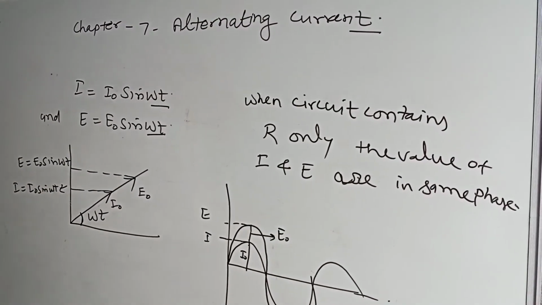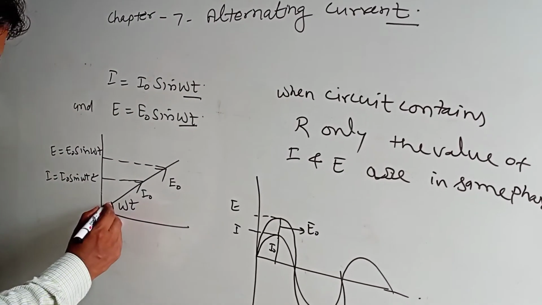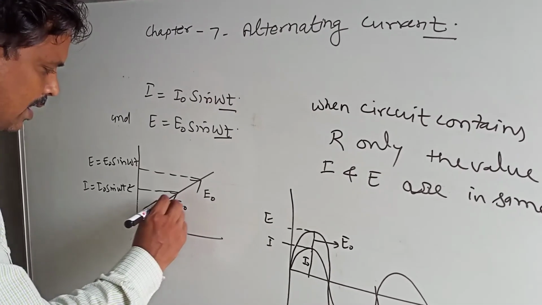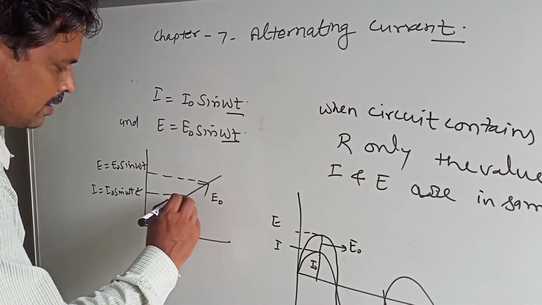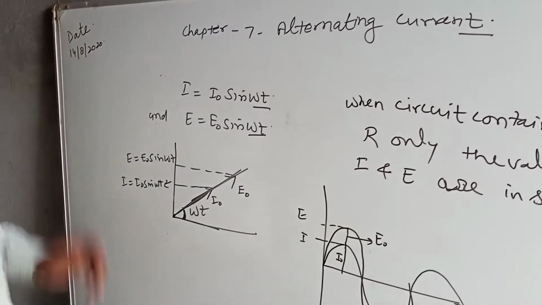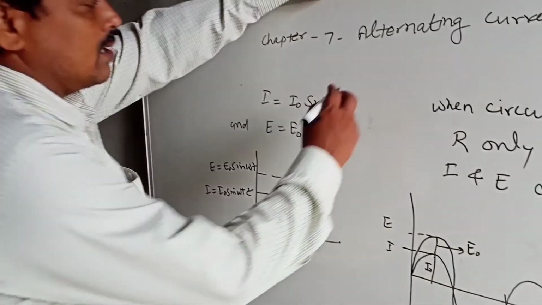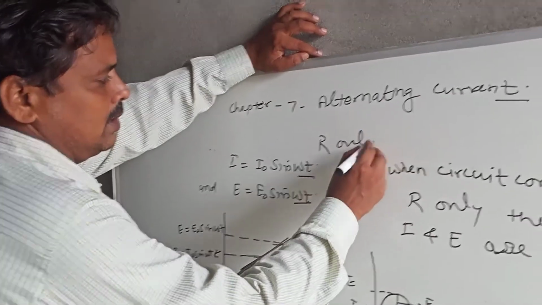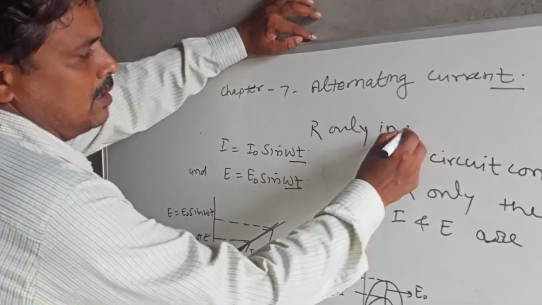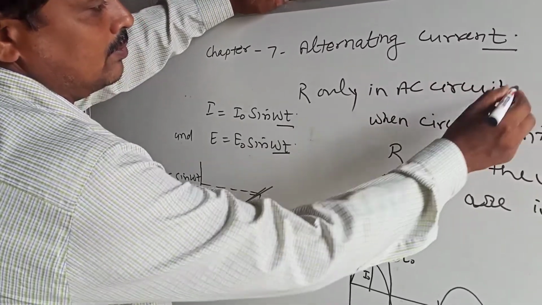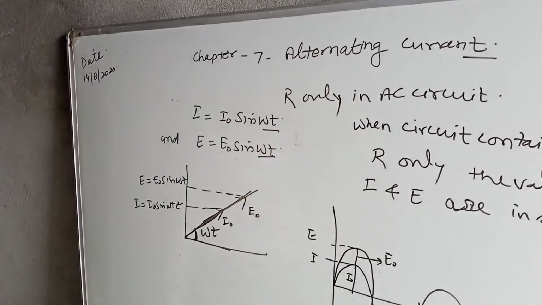Means they are making the same angle with the x-axis. Here is I and the same angle here is E. This is the description for the resistance R in an AC circuit. Okay.